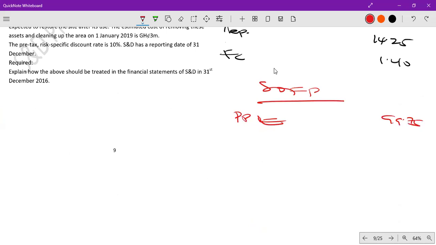Then we come to non-current liability: provisions.